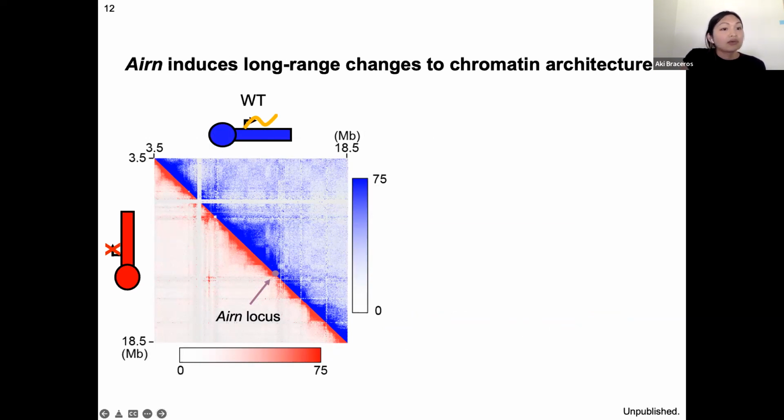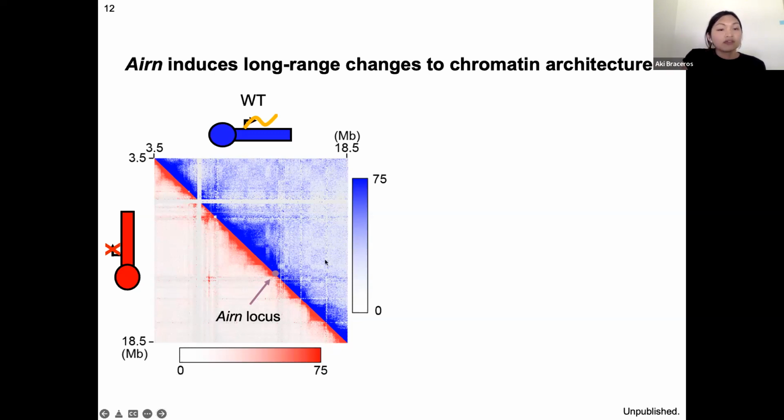And so based on this orientation, you can see this diagonal line. So any pixel or contact that's closest to the diagonal line represents a short range interaction, whereas pixels farther away from this diagonal line represent a long range interaction. And so knowing this information, we can then compare the contacts on the Airn-expressing allele in blue versus the non-expressing allele in red.